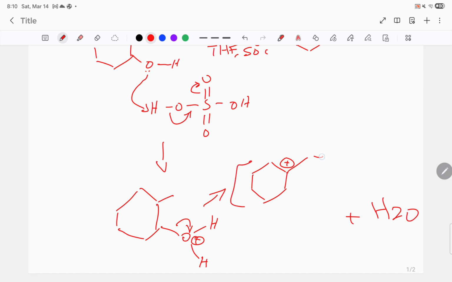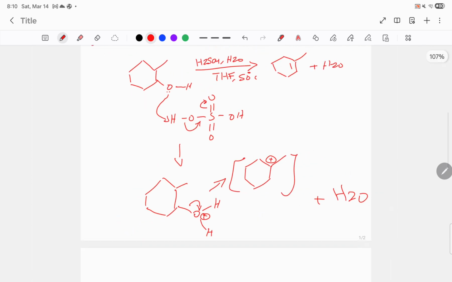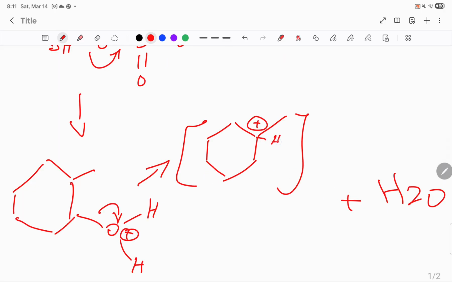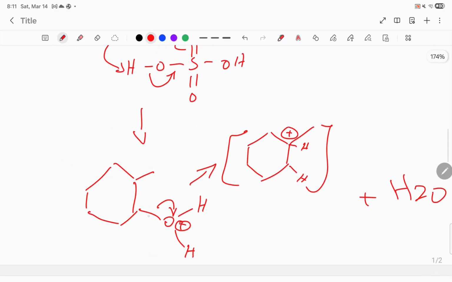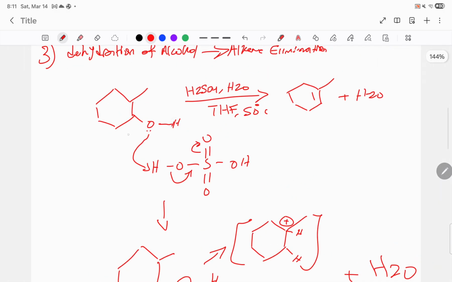And if this is the case, guess what? I have one proton here and one proton right there, because remember, this was our OH. There's a proton here, and there's a proton here.